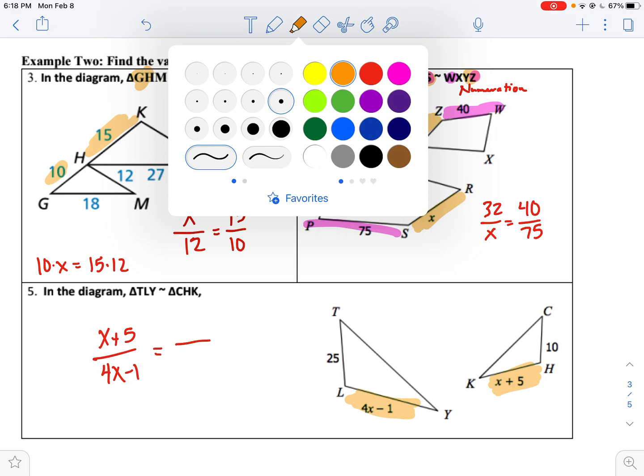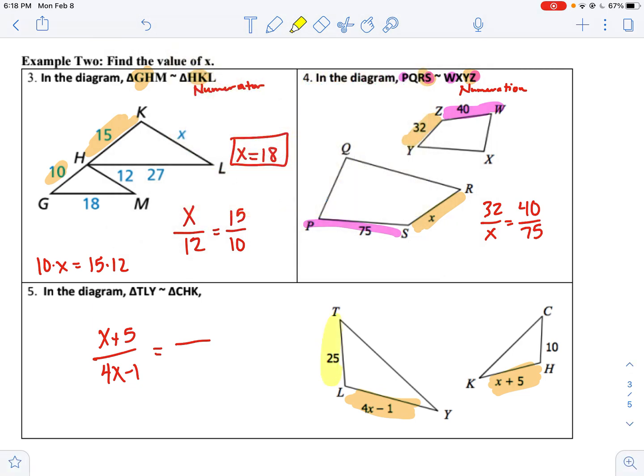And then I would have TL, first two letters, and CH. Where's CH? Here's CH. So that's helpful. That'd be 10 over 25. So I would have 25 times x plus 5 equals 10 times 4x minus 1.